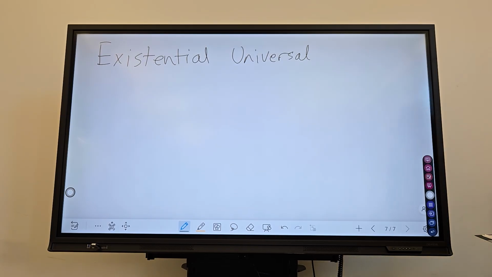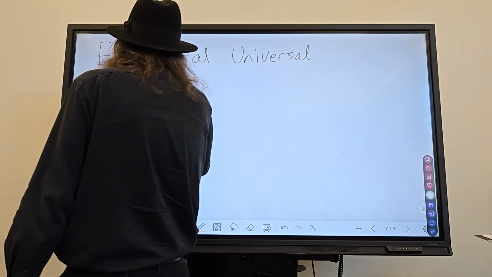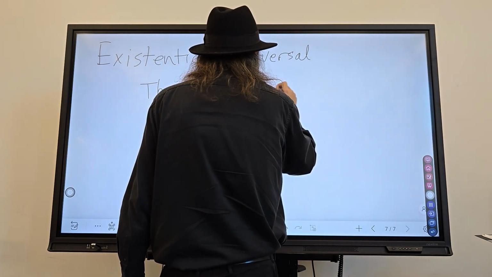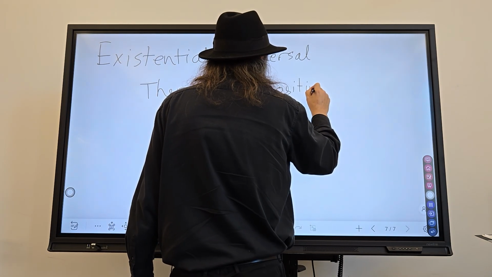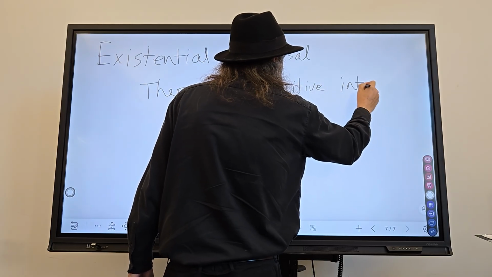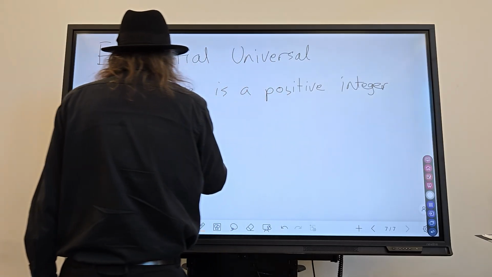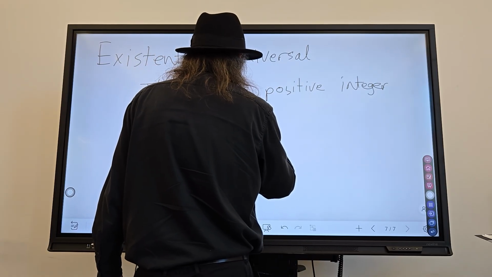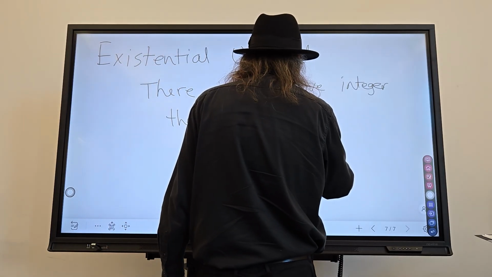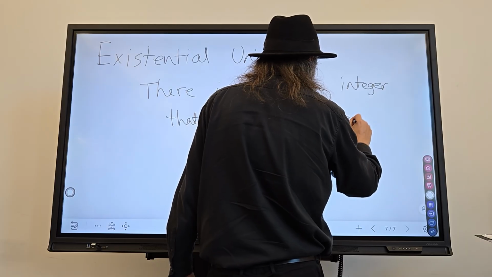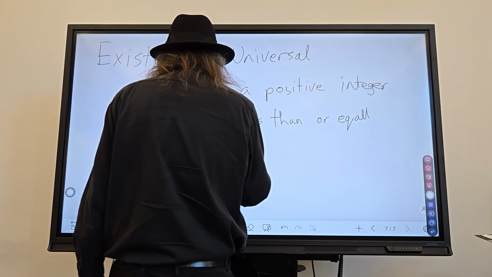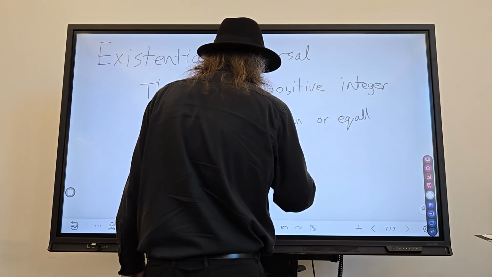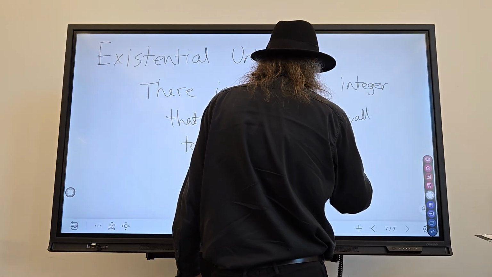For example, there is a positive integer that is less than or equal to all positive integers.